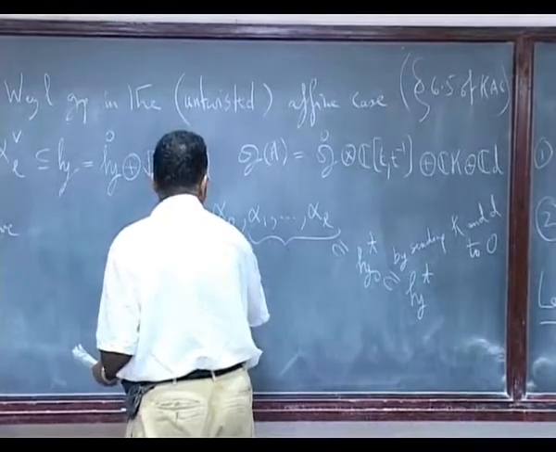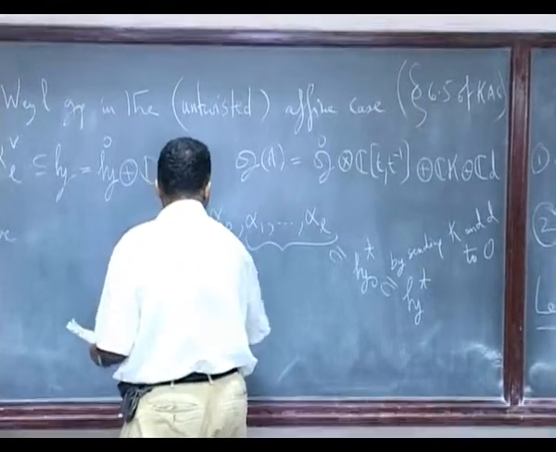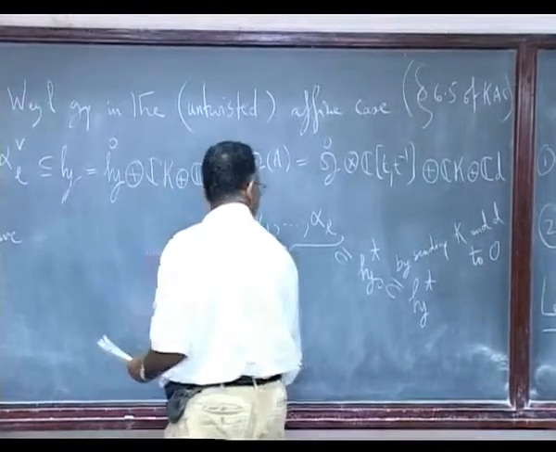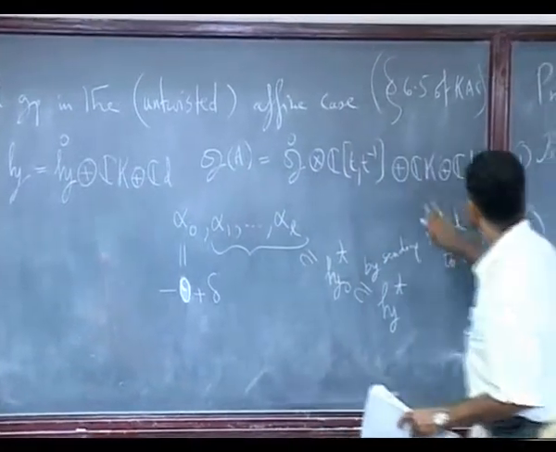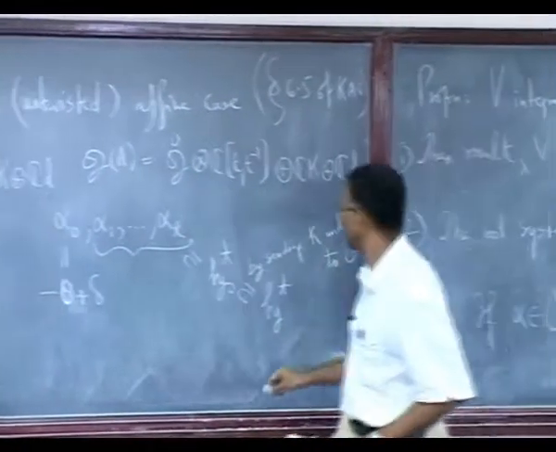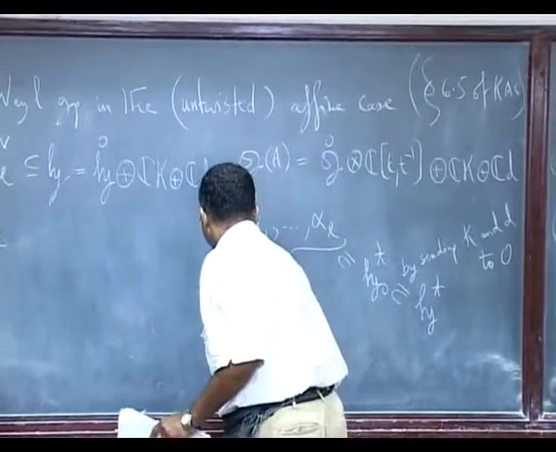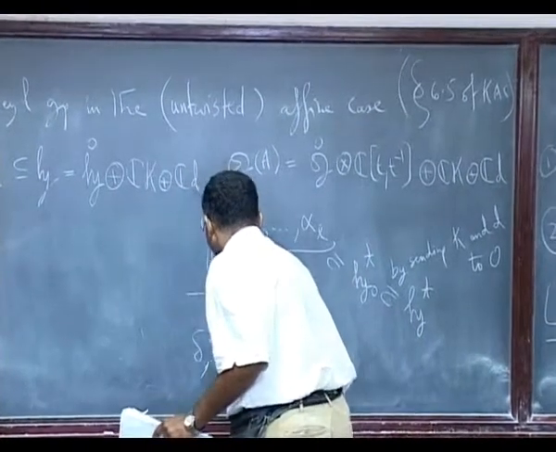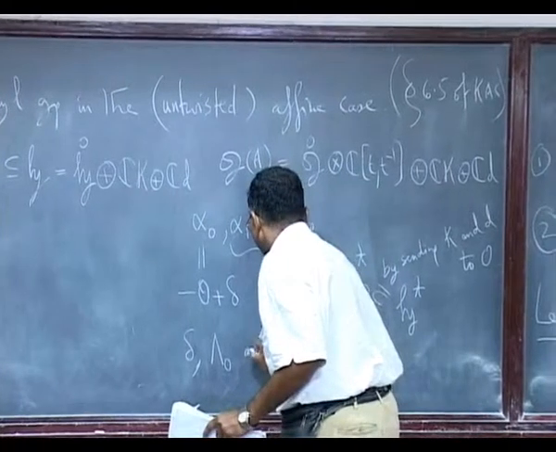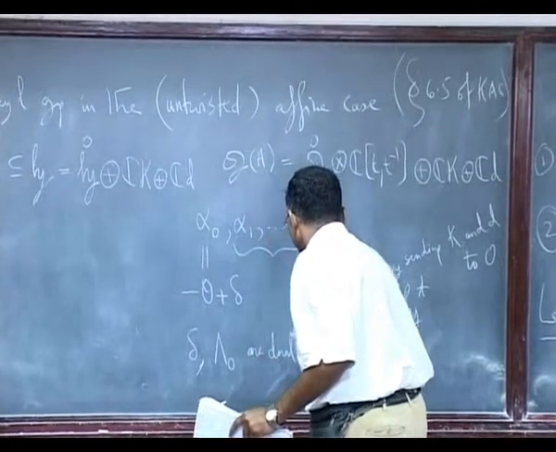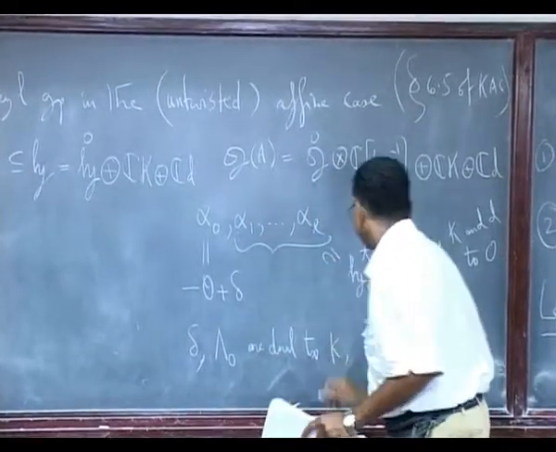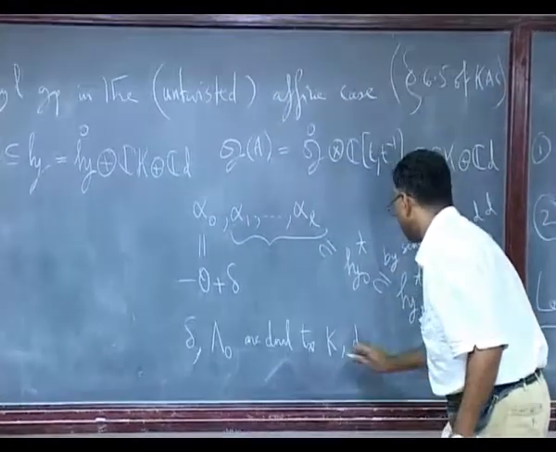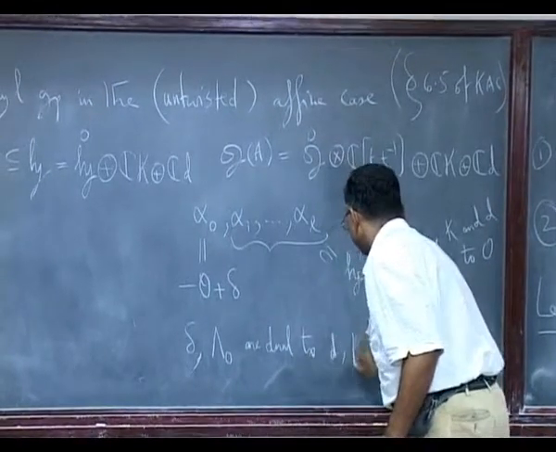Okay. And recall that alpha naught is minus theta plus delta, where delta and lambda naught are dual to d and k respectively.